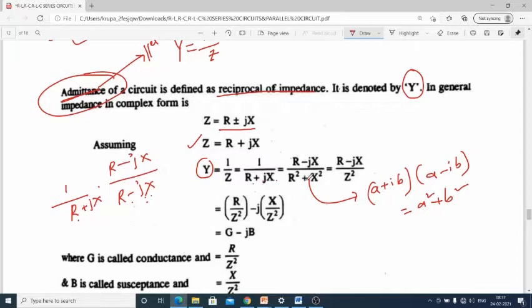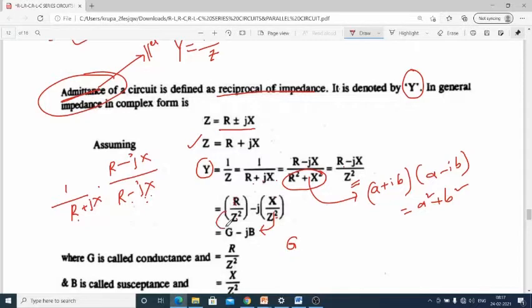R minus jX upon R square plus X square. What is meant by R square plus X square? It is written as Z square. So R upon Z square minus jX upon Z square, where R upon Z square is written as G and X upon Z square is B.